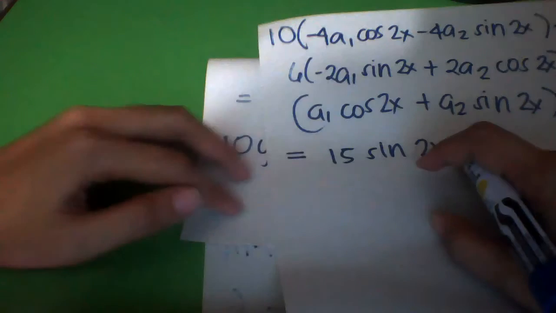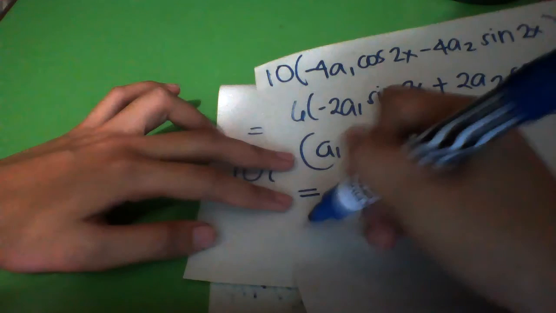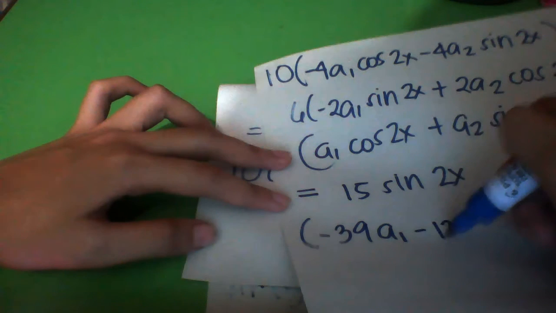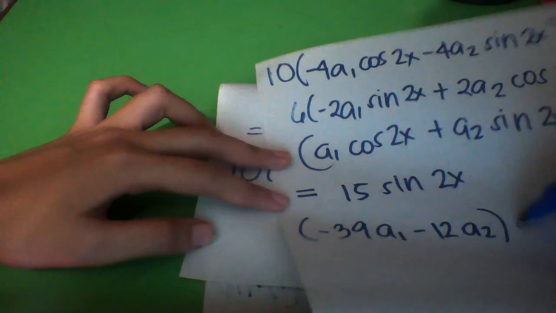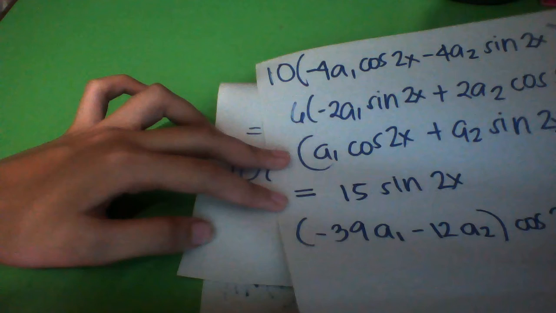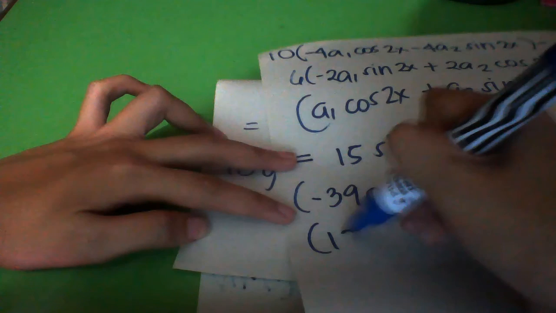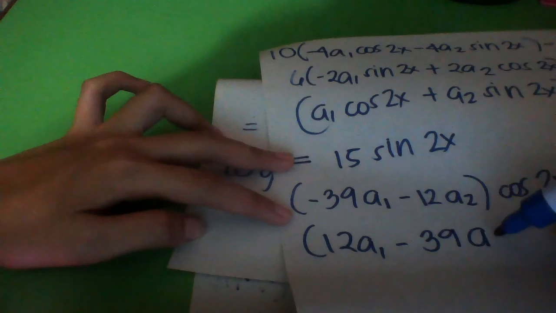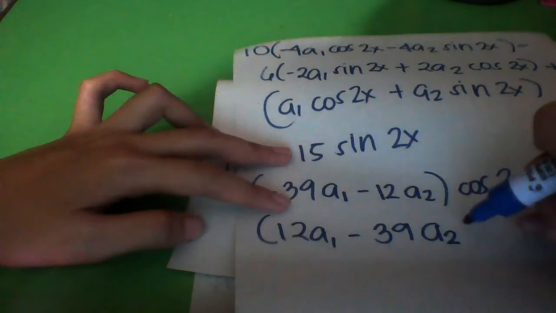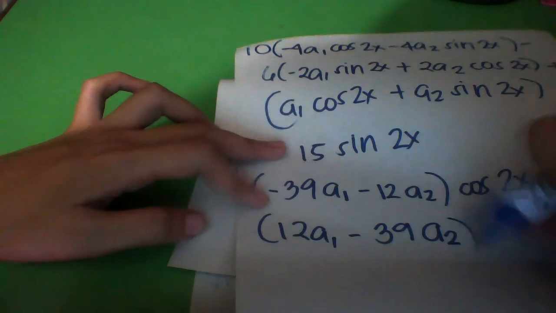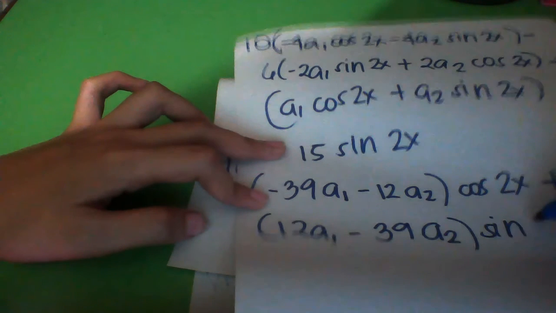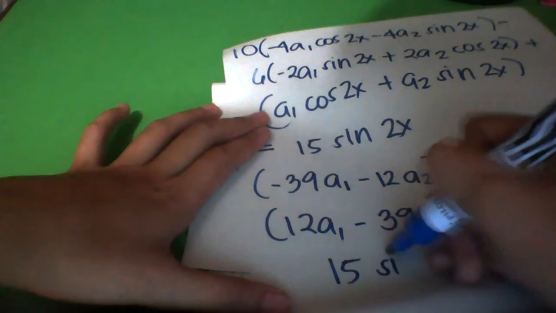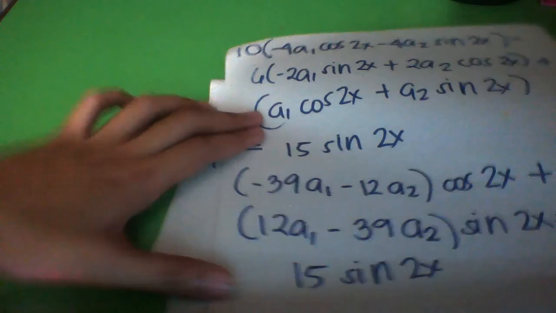By simplifying, this will become (negative 39 a1 minus 12 a2) cosine 2x plus (12 a1 minus 39 a2) times sine 2x is equal to 15 sine 2x.